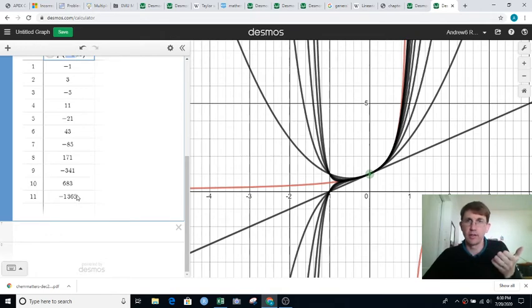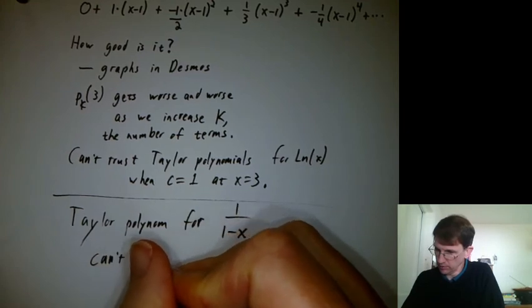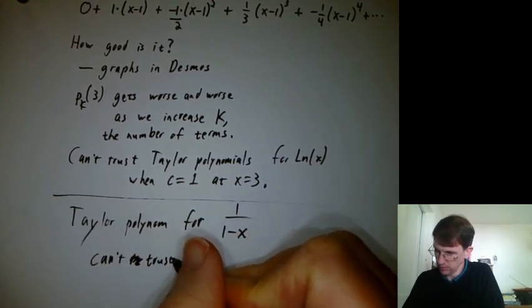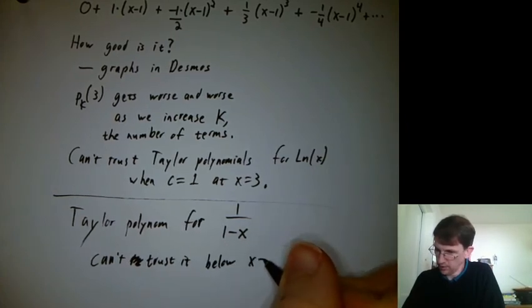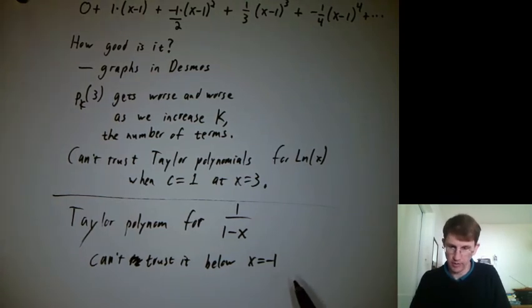So again, this is a Taylor series that's pretty good in this region, but is not trustable at all out here. So we can't trust it. Actually, we saw it at -2, but it turns out you can't trust it below x equals -1.